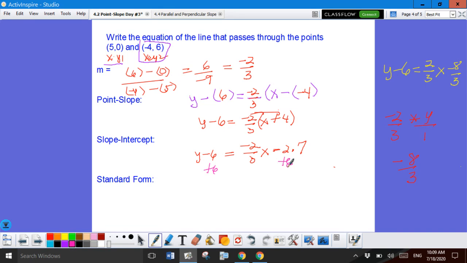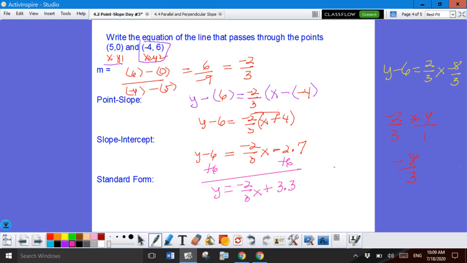Adding my 6. So y equals negative 2/3 x plus, and if I have 6, and I'm adding that to negative 2.7, I come up with a positive 3.3.